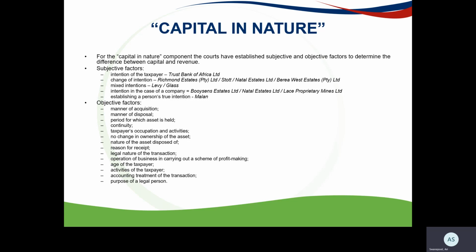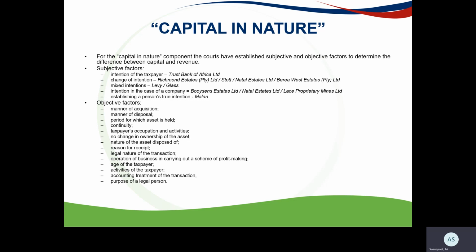But they will look at that, and then the taxpayer's occupation and activities, whether there was any change in the ownership of the asset, the nature of the asset that was sold, the reason for the receipt, legal nature of the transaction, operation of the business in carrying on a scheme of profit making. If it's a scheme of profit making, then it will be revenue, age of the taxpayer, activities of the taxpayer, accounting treatment of the transaction, and the purpose of a legal person.